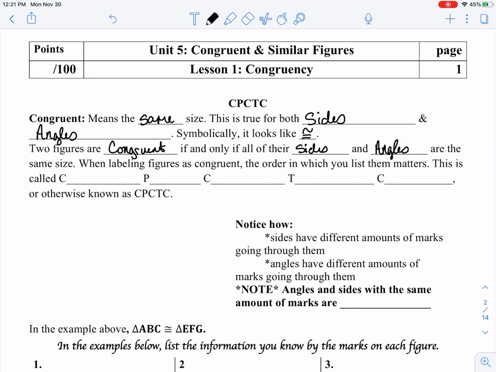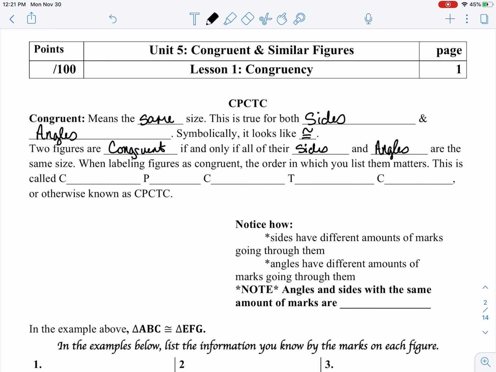are the same size. Now, what I personally had a problem with when I was in y'all shoes going through Math 2, or it was Algebra 1 at that point in time, it was labeling triangles. I had a hard time using CPCTC. It wasn't until college that I kind of figured out a way to understand it.